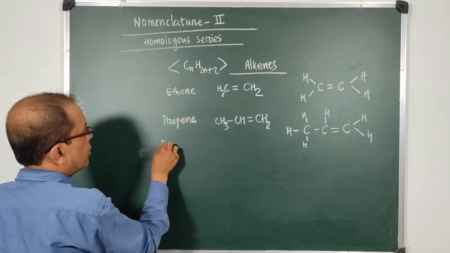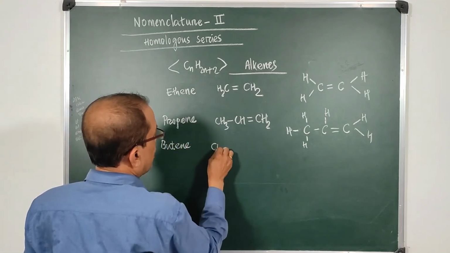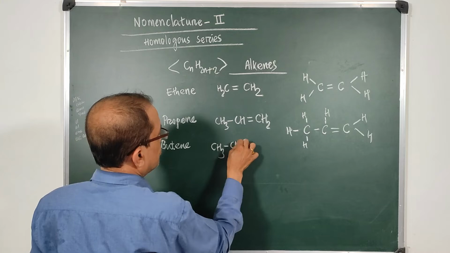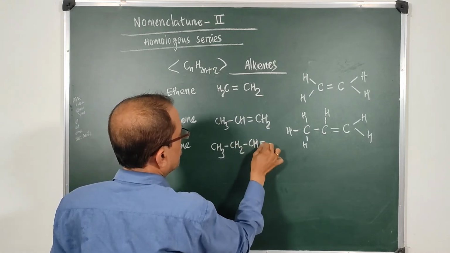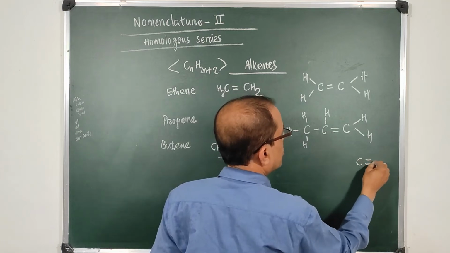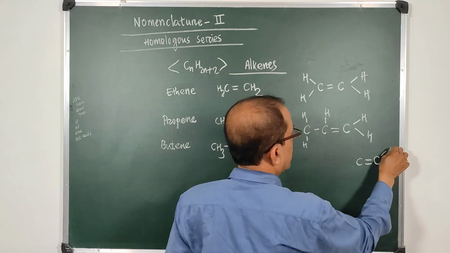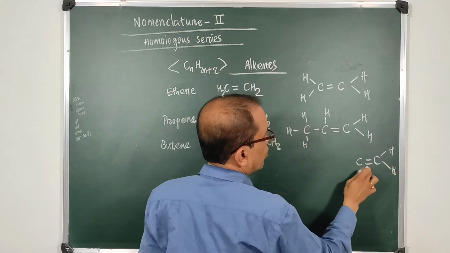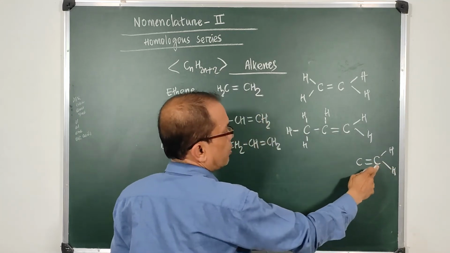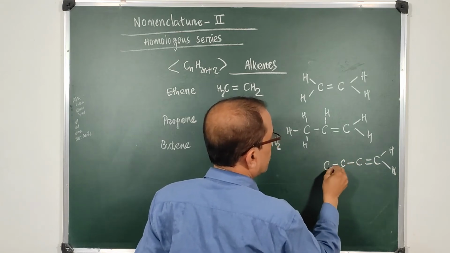The next one should be butene, 4 carbon. So you will add 1 CH2 here. Let us check if the compound also bears the same things. The double bond here, so there will be 2 hydrogen atoms, 1, 2, 3, 4. This carbon is tetracovalent, and this carbon is connected to another carbon, this to another carbon.